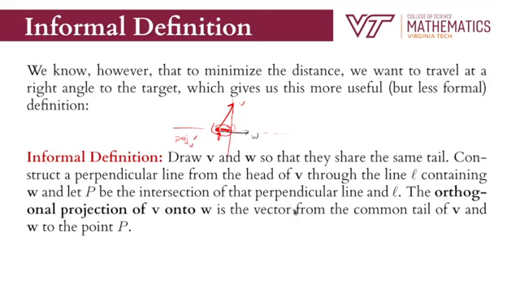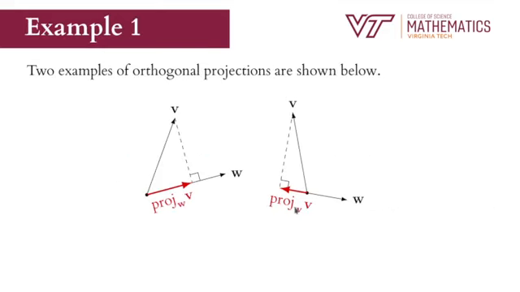So let me show you a couple of examples. Here are two examples of orthogonal projections. In this example, W is rising slightly, has a slightly positive slope. So I draw a line from V down to W at a right angle, and the projection is the leg of the triangle that we get. In this example, it looks like this is about half of W. It's not all of W, it's maybe a little bit more than halfway.